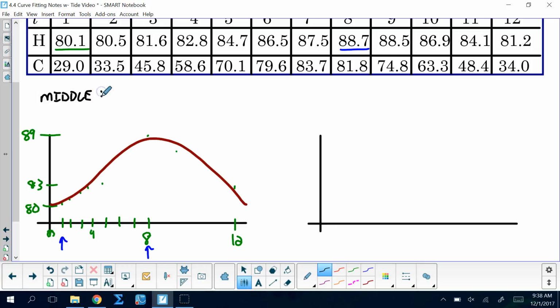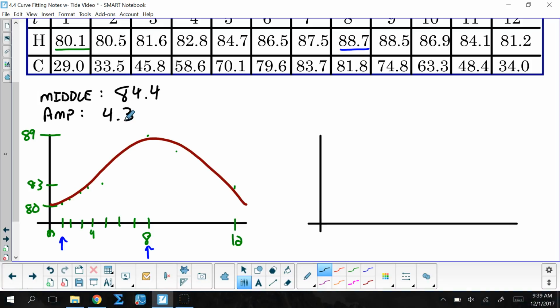So my middle is going to be 84.4. Agree with that? Which means my amplitude is 4.3. Agree with that? So that's D, that's A.